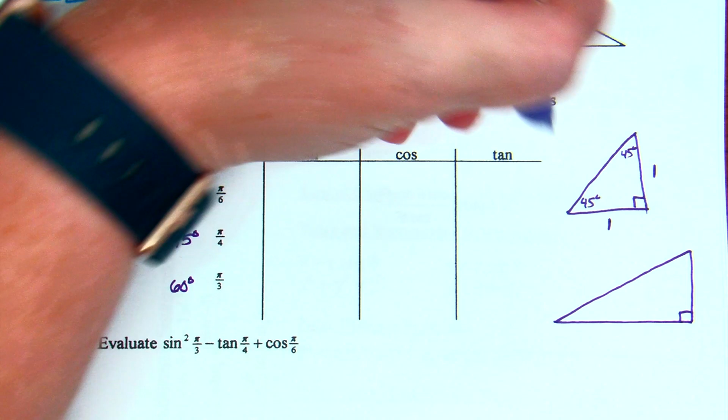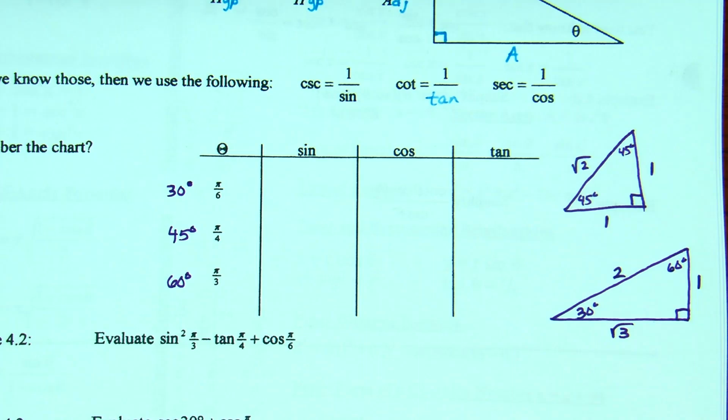So if we have sine as the first column, I always know sine of 30 or sine of pi over 6 is 1/2. And then I tend to remember my diagonal. Cosine of 60 is also 1/2. Go to your triangles if you need to. Cosine of 30, square root of 3 over 2. That also means sine of 60 is square root of 3 over 2.